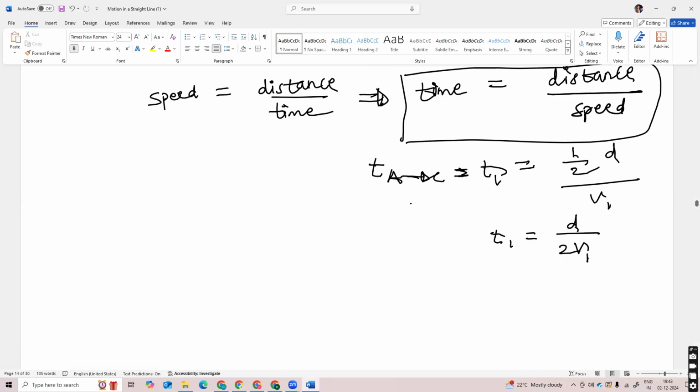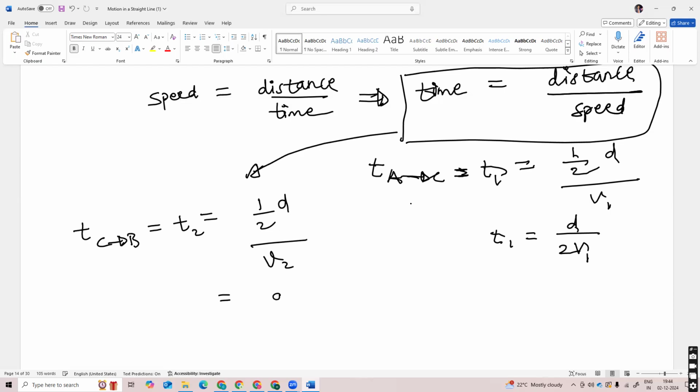So time t2 from C to B is d upon 2 times v2.